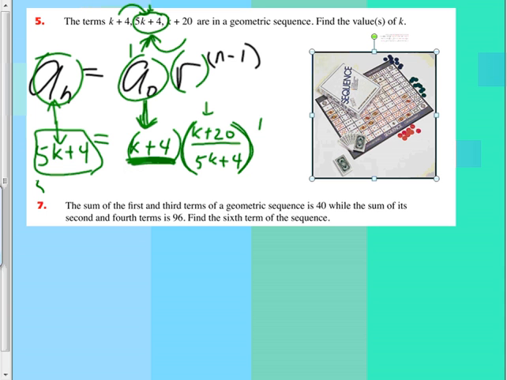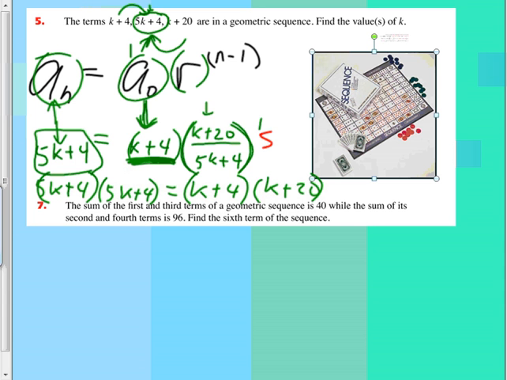So I got to go 5k plus 4 times 5k plus 4 is equal to k plus 4 times k plus 20. Because when I multiplied by 5k plus 4 here and here, this side was the complicated one, and this side things actually made it a little easier.